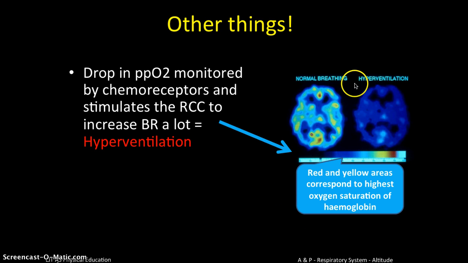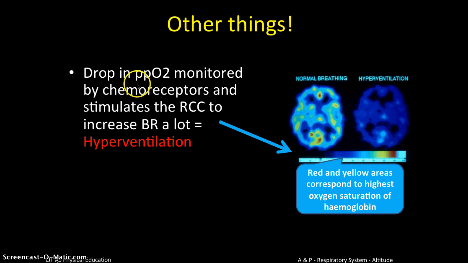And here's actually an image to show normal breathing, and the lighter, reddier colours show oxygen saturation in the brain. So you can see here normal breathing, we get plenty of oxygen to the brain. When you're hyperventilating, you can see it's much darker, which means that not as much oxygen is actually getting into the brain, and that's not a good thing.